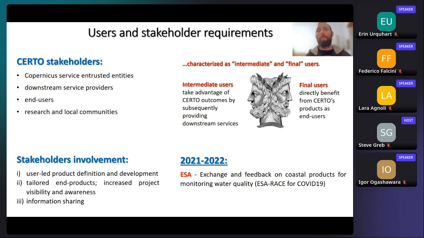And that was a sort of assessment driven by the user of what the ocean color status can tell us in terms of water quality in coastal environments.